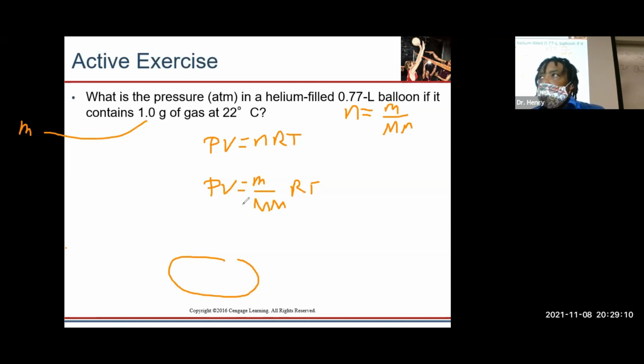We can calculate the molar mass of helium. What is the molar mass of helium? 4.002 grams per mole.